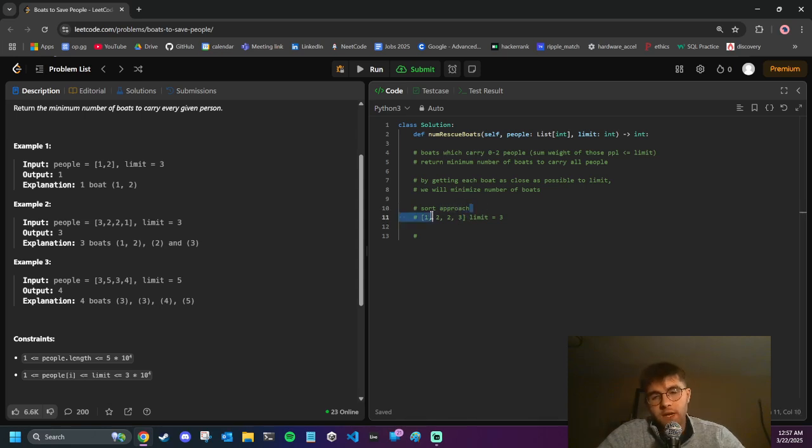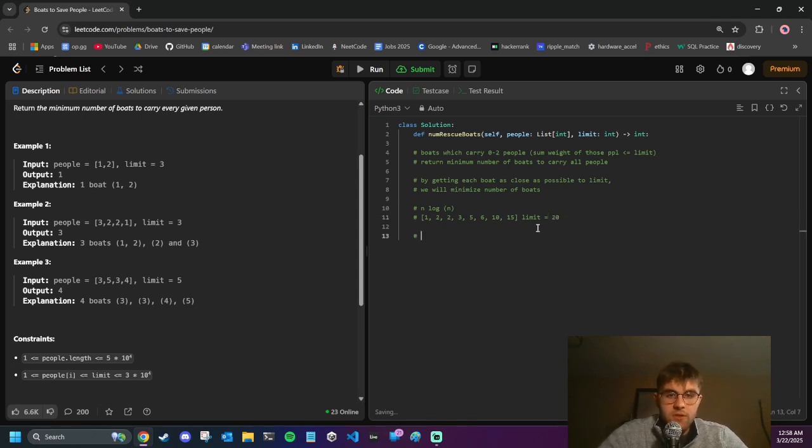So I can think of an n log n approach where, let's say that in this example the limit was 9, or I don't know, I'm gonna just make it imaginary longer. Let's say our limit was 20.